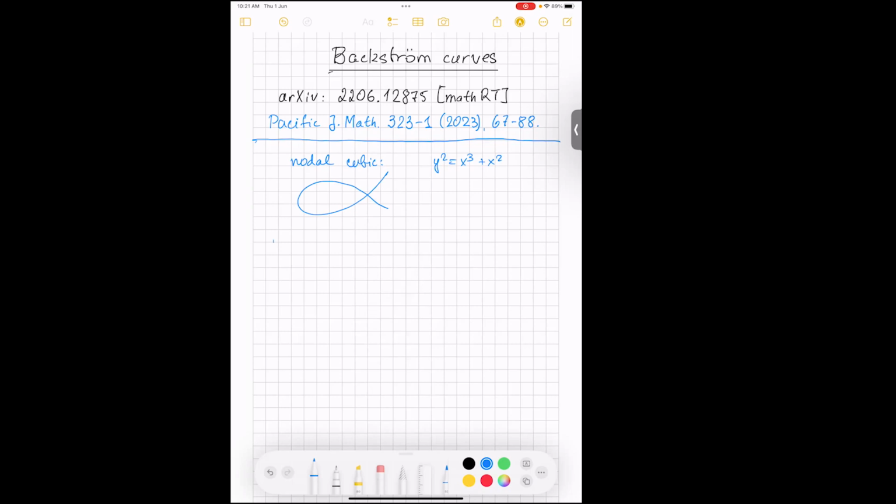Vector bundles over this cubic were classified by Groyle and myself. And we noticed that this classification is very much alike to the classification of the representations of the following algebra. As is usually done now, I present an algebra by a quiver, that means an oriented graph, with relations.